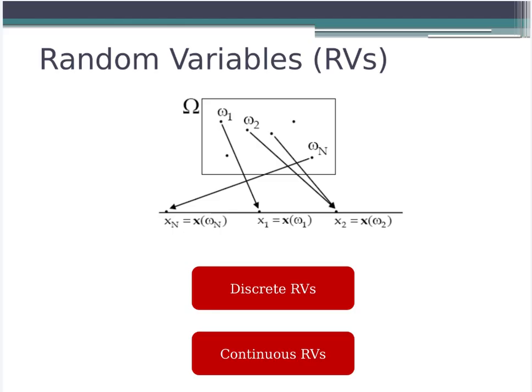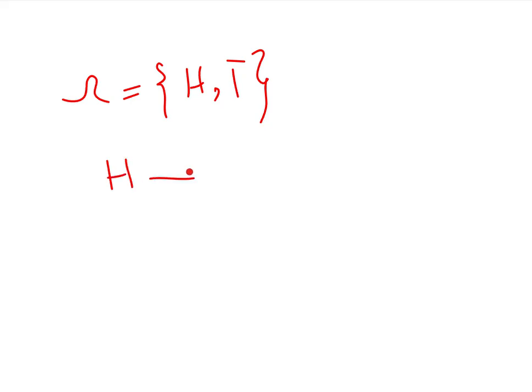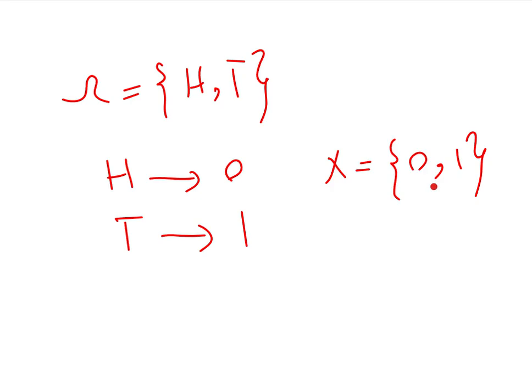For example, if we toss a coin, our sample space is head and tail, this set. If we assign to head the value of 0, for example, and we assign to tail the value of 1, then we have a random variable, we call it x, that takes the values of 0 and 1.